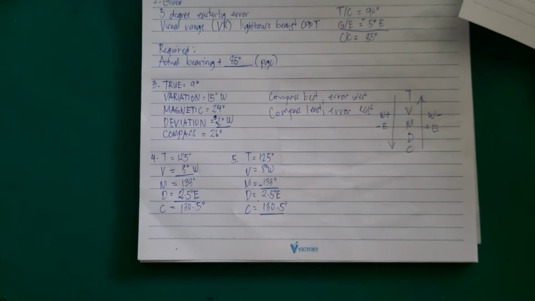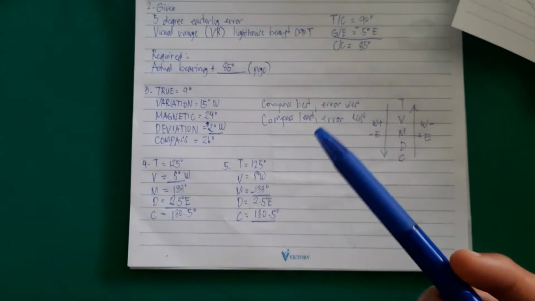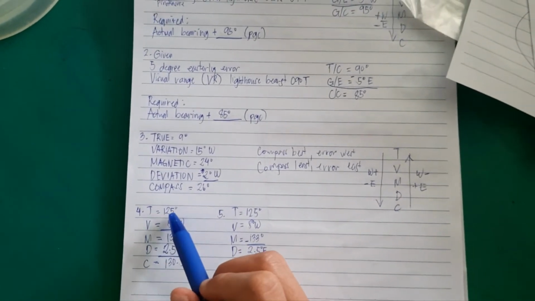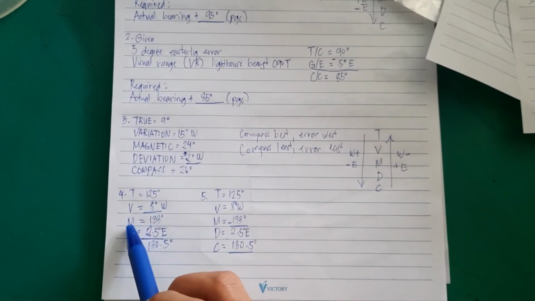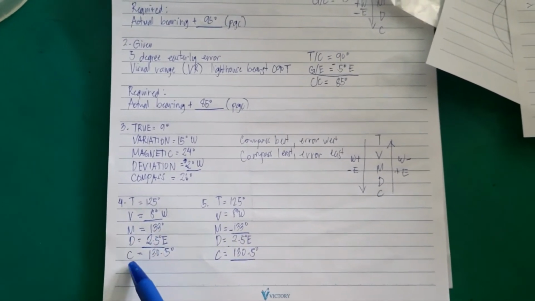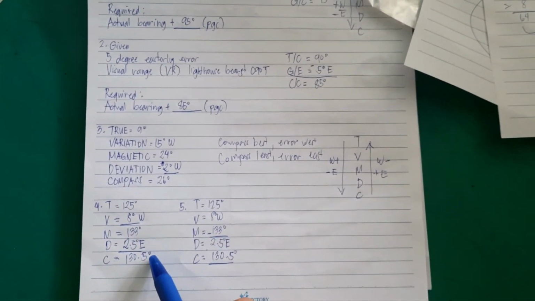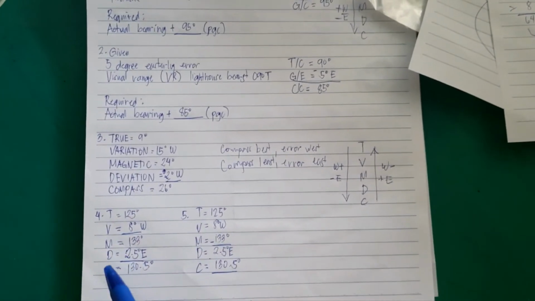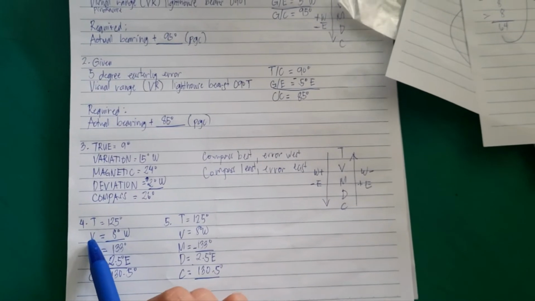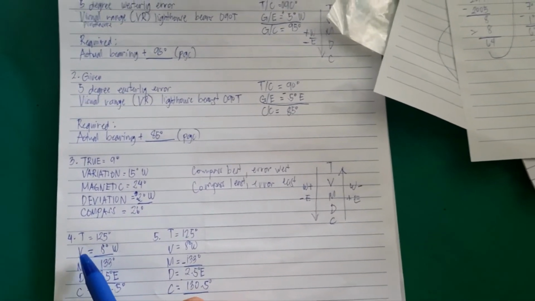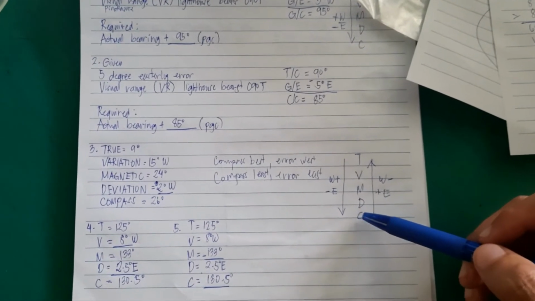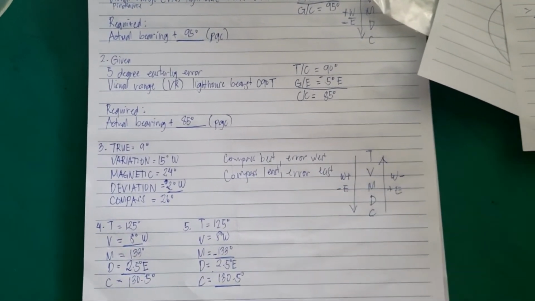Number 4. So the given is true course 125 degrees, magnetic course 133 degrees, and the compass course is 130.5 degrees. These are the given. And the first thing to find is the variation. The applicable rule for this one is compass course to true course.